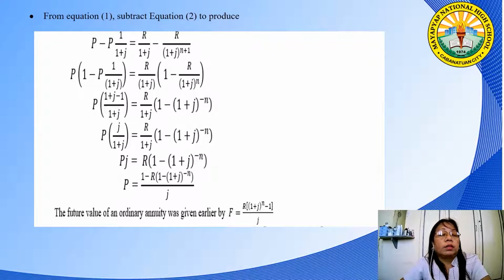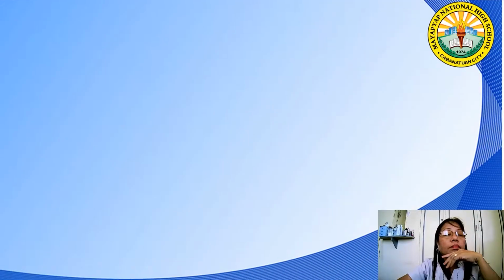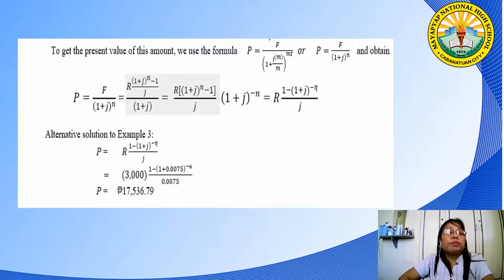And to get the present value of this amount using the formula, P equals F over (1 plus i over m) raised to mt, or that is equivalent to P equals F over (1 plus j) raised to n, where j is equal to i over m and n is equal to mt. It is obtained from finding the present value at compound interest.